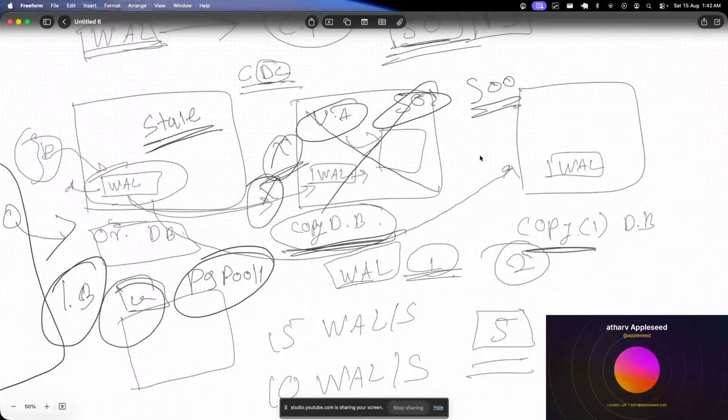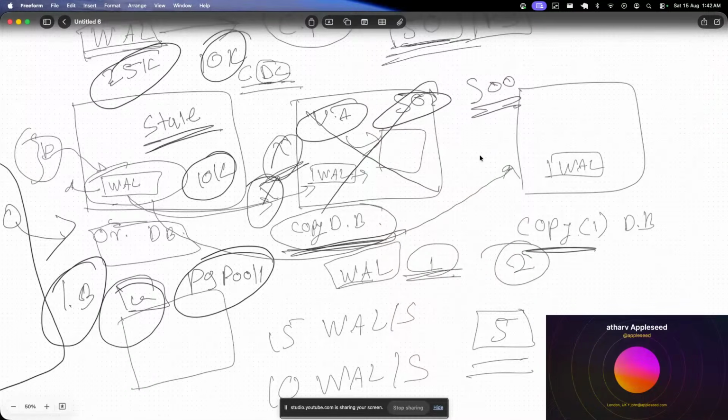So we remove it from the pool of databases, but let's say every second there are 25k requests per second, and each database can only handle 10k reads per second. So the first one is at its fullest, the second one is at its fullest. We have 5k requests that are pending.